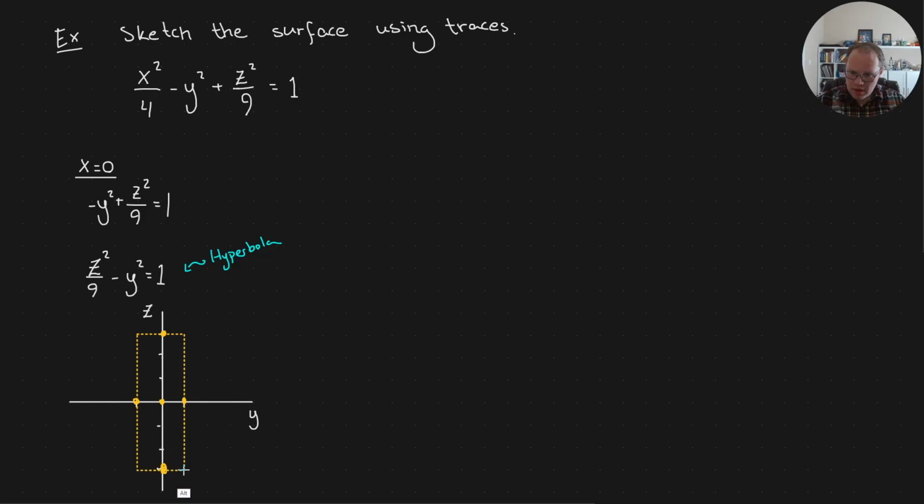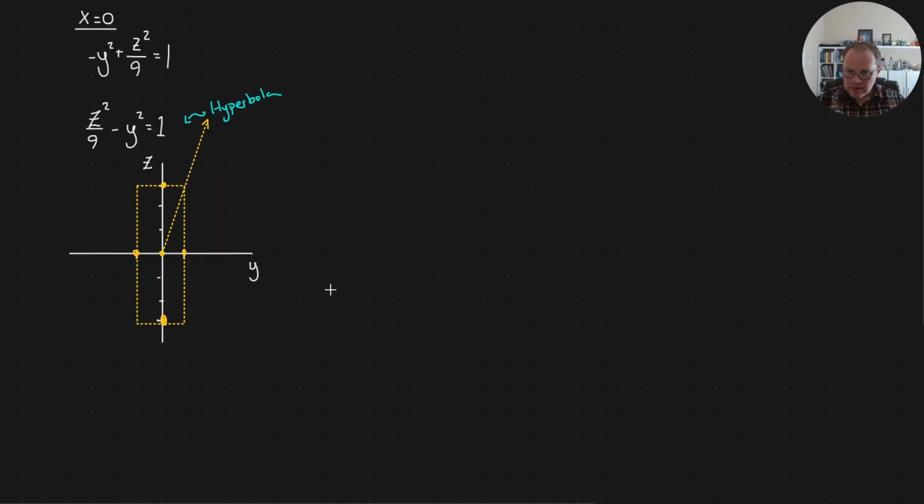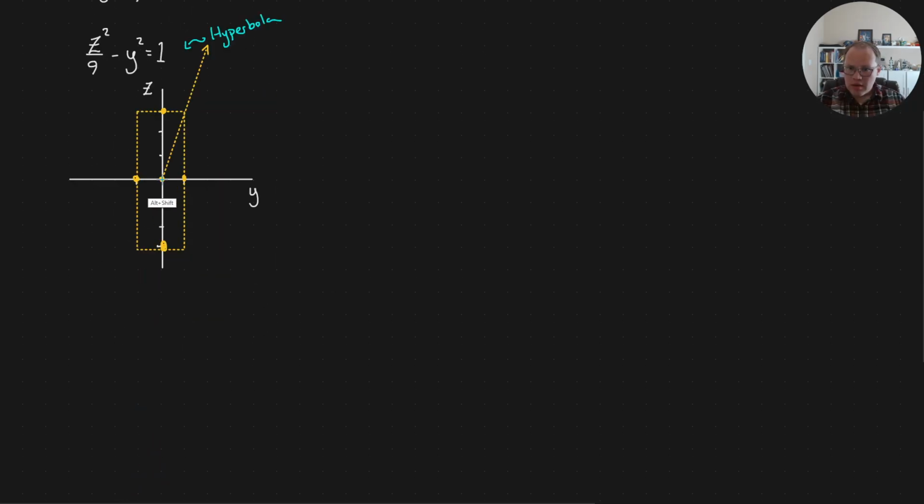There's my box. Get the lines that go through opposite corners. Those are my, give myself a little more room here, my asymptotes.